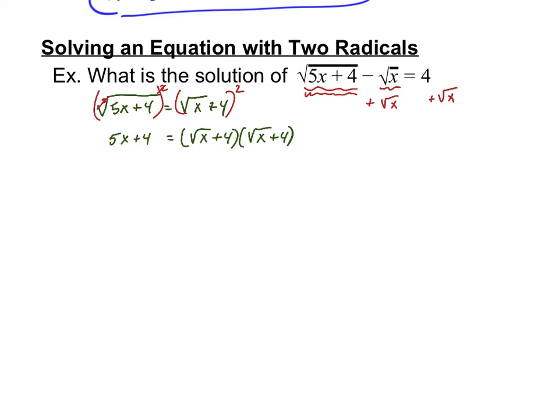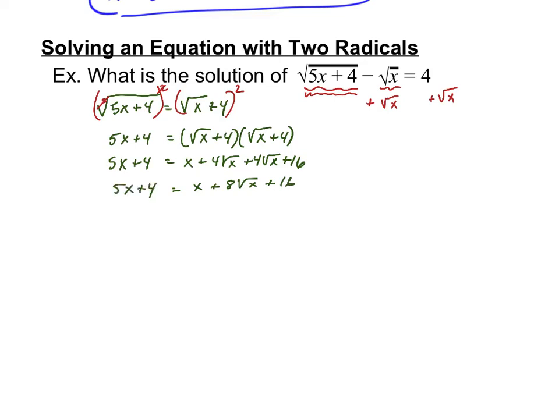And don't forget to use the FOIL method, box method, or distribution method, whichever you want, to multiply these two binomials together. But you're going to get something along the lines of that. And simplifying that, you have x plus 8 square root of x plus 16, and still have 5x plus 4 on our other side.